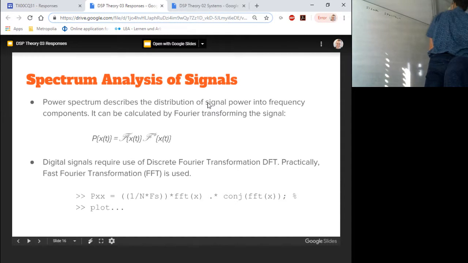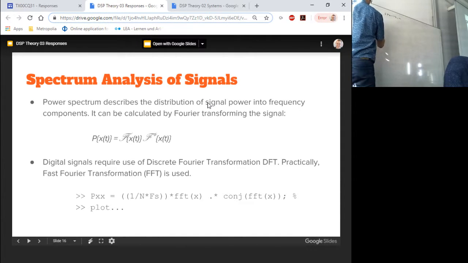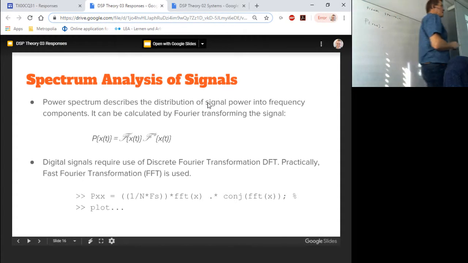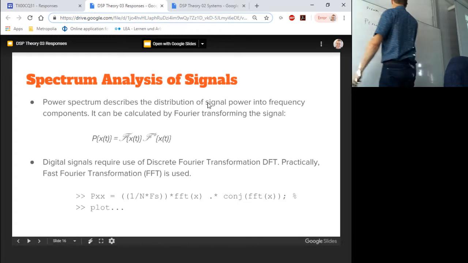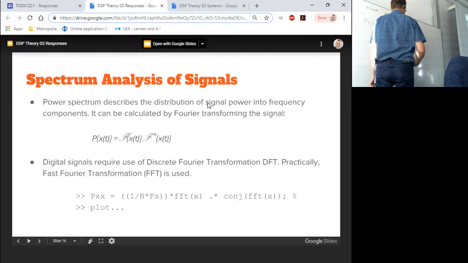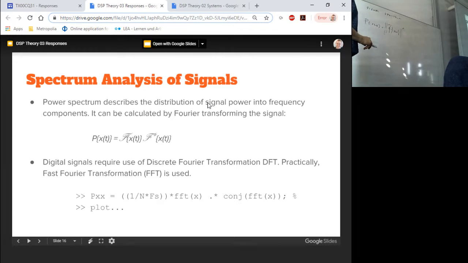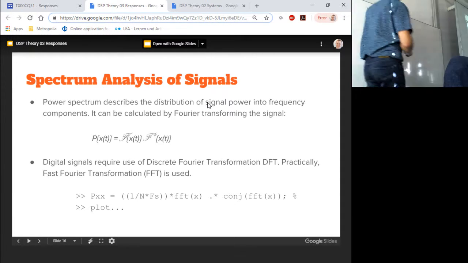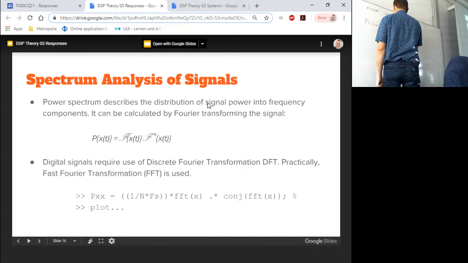Simple. So power spectrum of signal is simply Fourier transform of the signal multiplied by the complex conjugate. So it's basically this. This is the power, where the F here is the Fourier transformation.